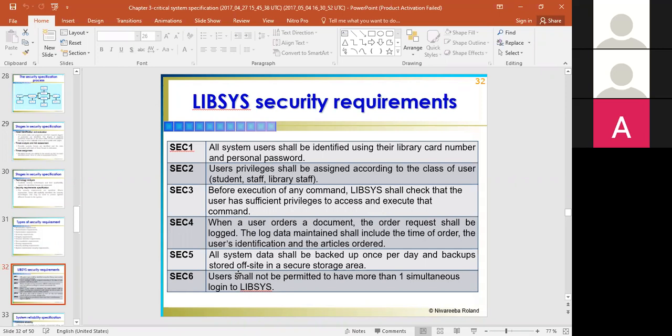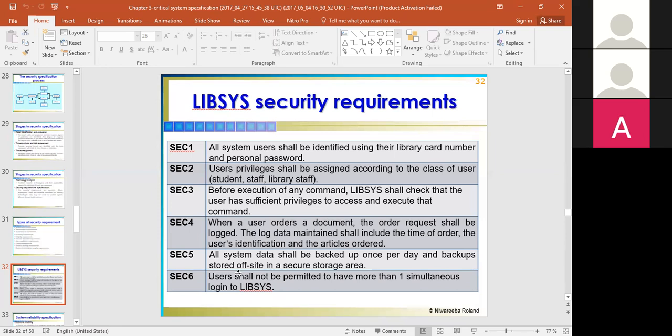Number 2: users' privileges shall be assigned according to the class of the user, student, staff, library staff. Before execution of any command, LIBSYS shall check that the user has sufficient privileges to access and execute that command. When a user orders a document, the order request shall be logged.